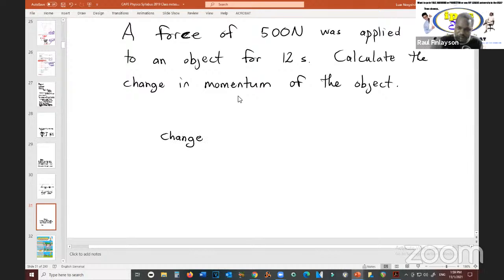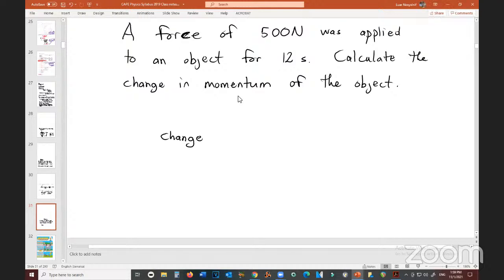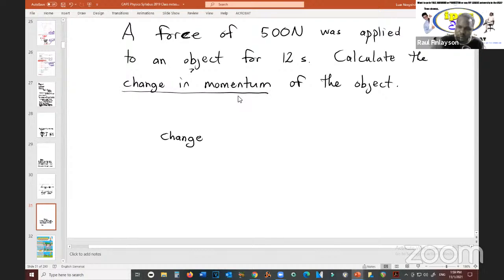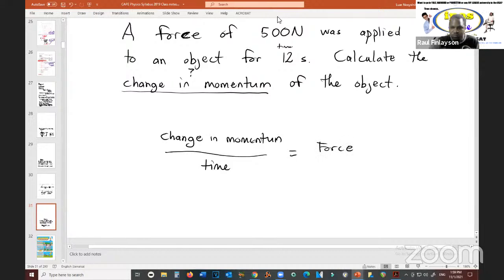When you solve the question, you write the formula, right? They ask for the change in momentum, you are given the force and you are given time. So change in momentum over time is equal to force applied. And just write force. That's the first thing you're supposed to write.